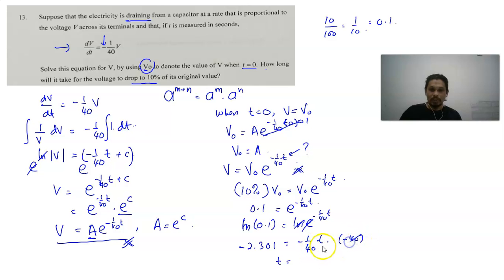So 40 divided by 40, and negative times negative becomes positive. So multiply with negative 40 on the other side too. So then t equals negative 2.301 multiplied with negative 40, which equals 92.1 seconds.